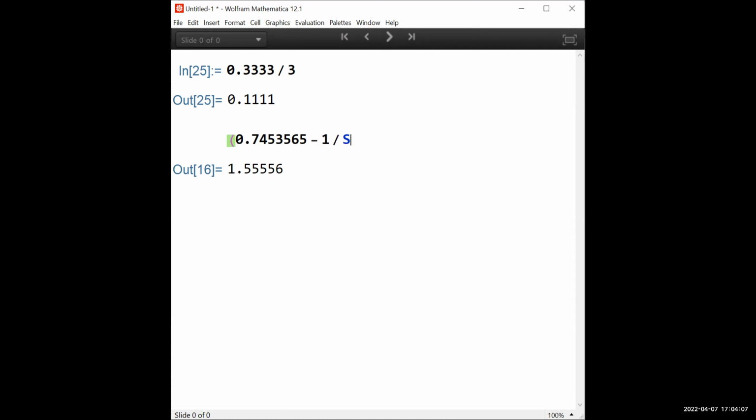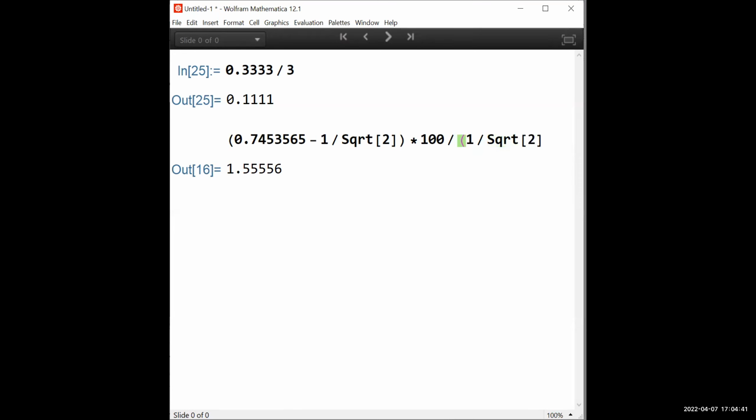That's the advantage of using Mathematica, because I don't have to even write that number. And divided by 1 over square root of 2, which is going to be square root of 2. Before I do that, I'm going to multiply by 100, because remember, this is going to be a percentage error, okay? And divided by 1 over square root of 2.